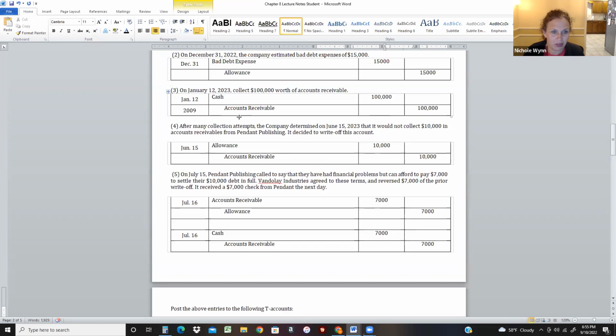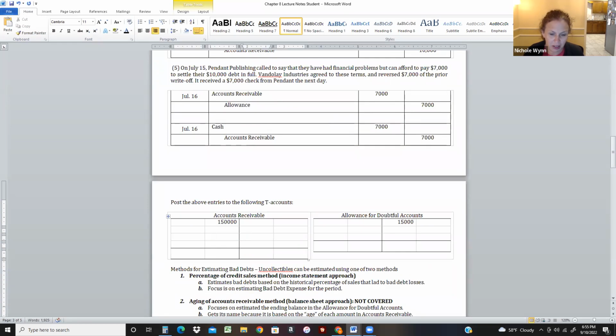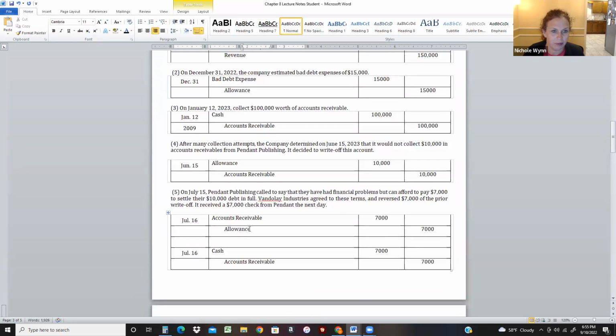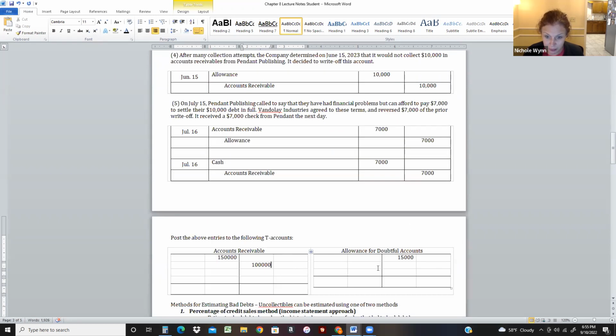Next, entry 3, I'm going to reduce accounts receivable by 100. Entry 4, I'm going to debit allowance and credit accounts receivable, because that's money I didn't think I was going to receive.